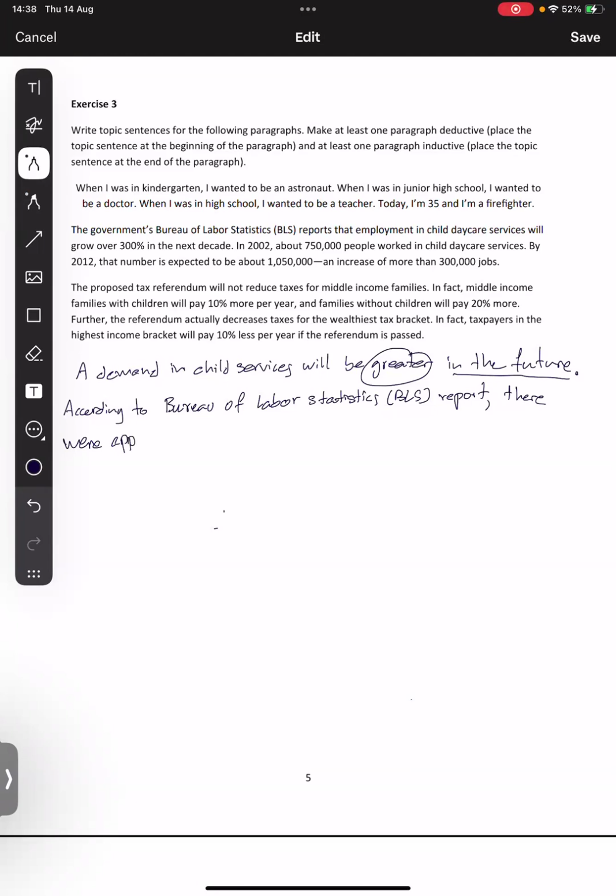There were approximately thousand people who were employed in this industry.